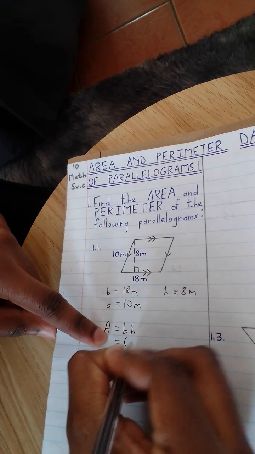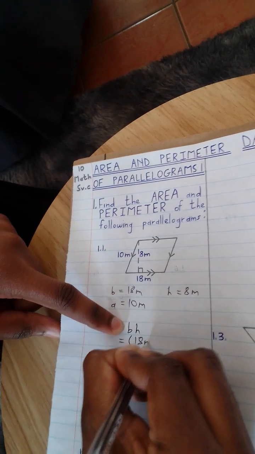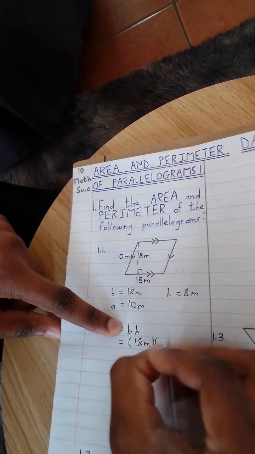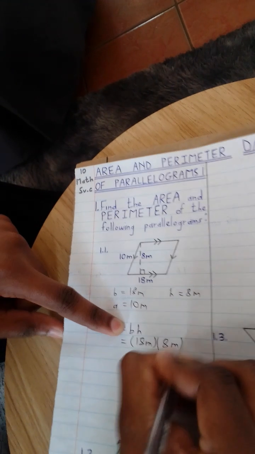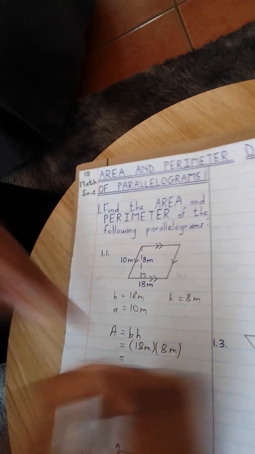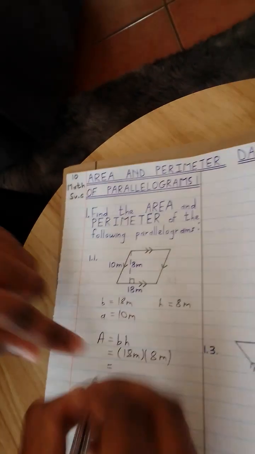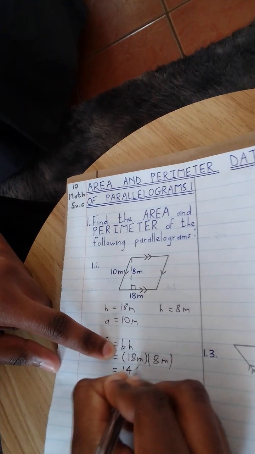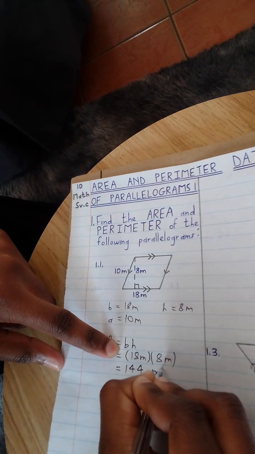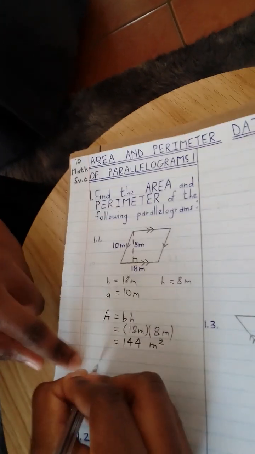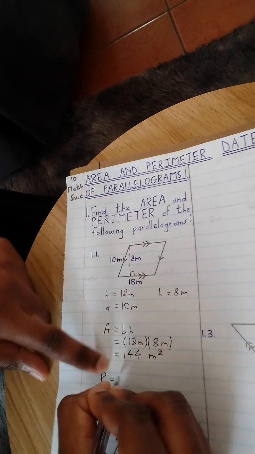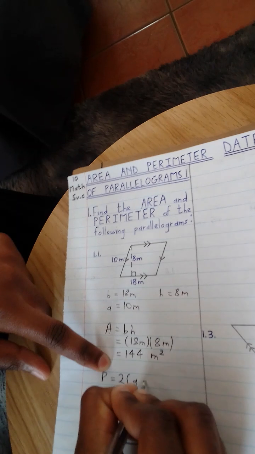What is the base? 18 meters. Perpendicular height is 8 meters. So the area is 144 square meters, right? Perimeter is 2 open bracket a plus b.